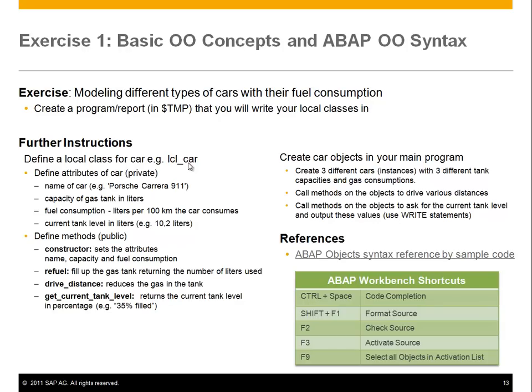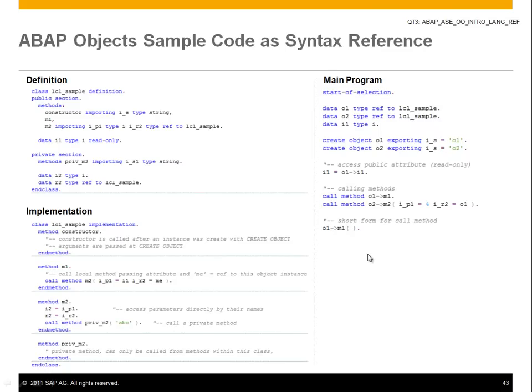To make it simple to find out how to use the ABAP Objects syntax, there is a slide here at the end that I will jump to right now, the ABAP Objects syntax reference by sample code. Here you can almost copy-paste the code and don't have to read the books or anything on how to write things exactly for the class definitions and the implementation and usage of classes.